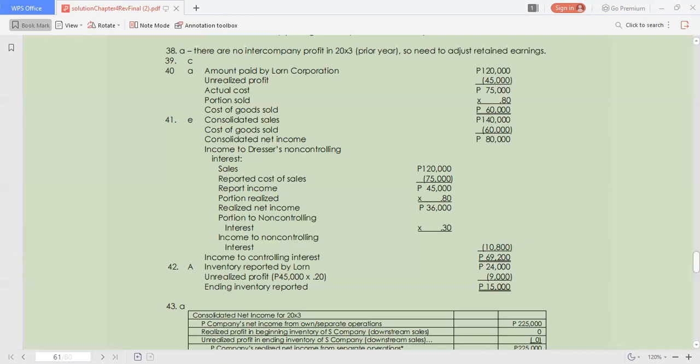Okay, so we have now the next problem. After 3 to 47, actually we have SAP company sells all its output at 20% above cost. Here is PAR. PAR purchases all its inventory from SAP. Incomes reported by the companies over the past 3 years are as follows. So in other words, SAP company is the seller and the PAR company is the buyer in inventory from SAP.